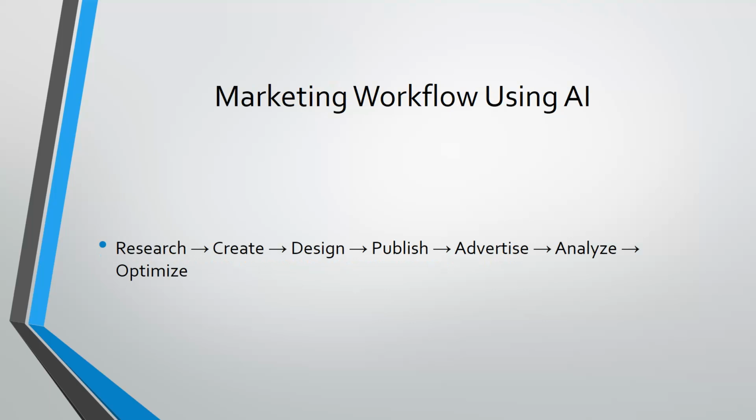Then we have marketing workflow using AI. This is the workflow that you must follow if you want to become the best marketing person for your work, your organization, and any of your tasks. Number one is research. Do thorough research. Understand the niche and the idea at hand. Then create that idea. Put it into writing.